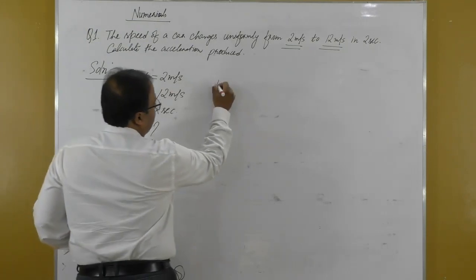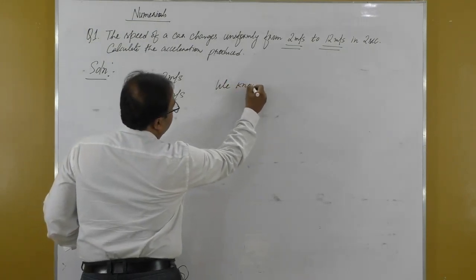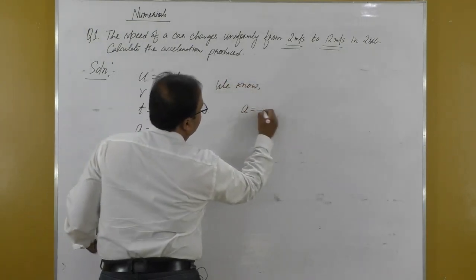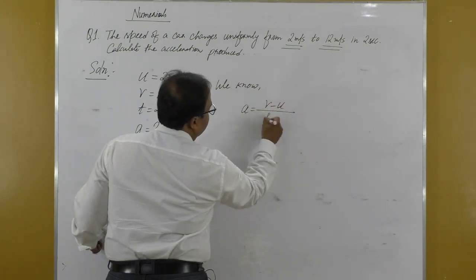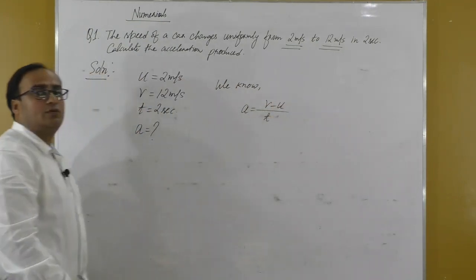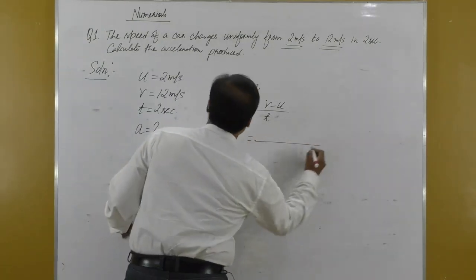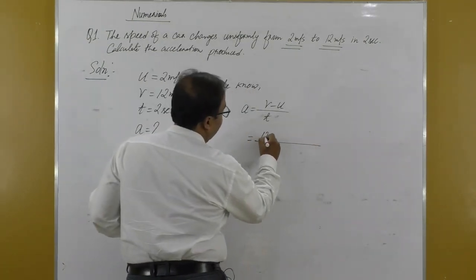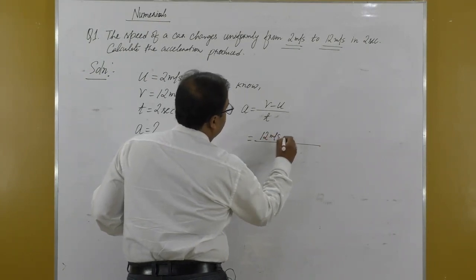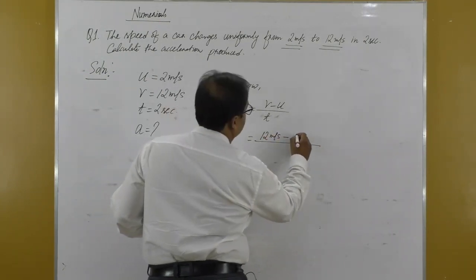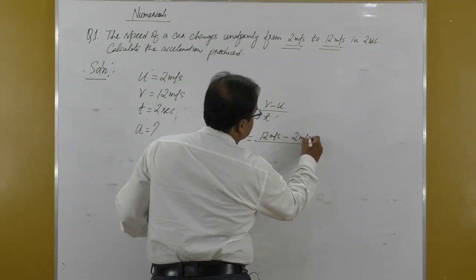You know the formula. What is the formula? Formula of acceleration: a is equals to v minus u by t. So final velocity given here, 12 meter per second. Initial velocity given here, 2 meter per second.